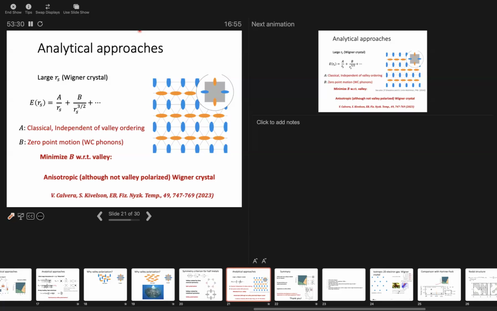We didn't think about the exchange. The reason is that the exchange is exponential in r_s, so it's actually subleading to any of these effects. These effects are all coming not from exchange; they're coming from the phonons, and that induces some kind of power law, long range interaction between valleys.